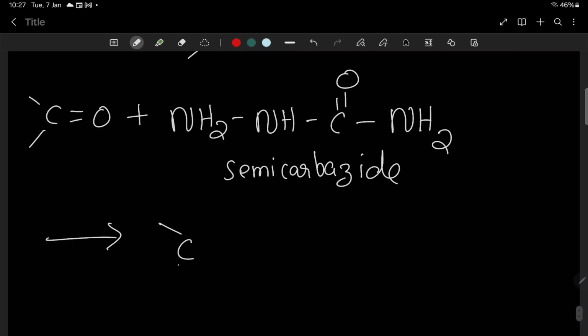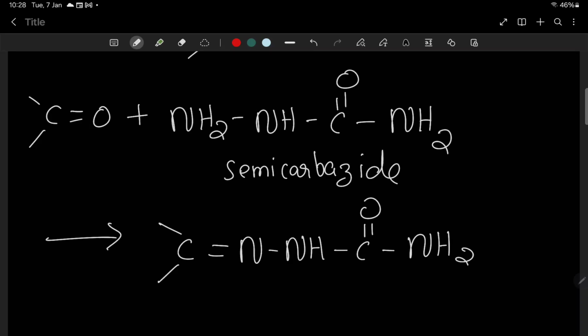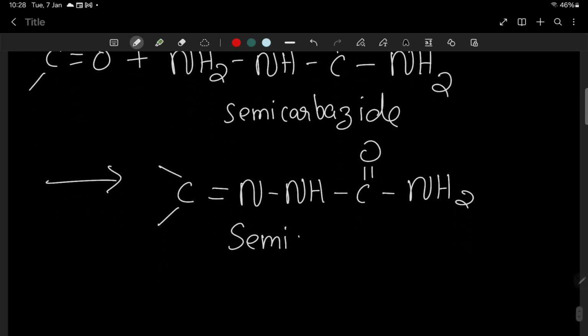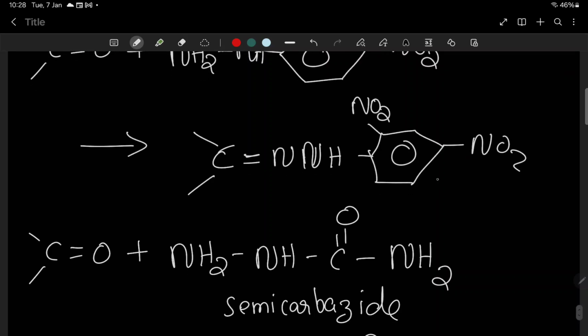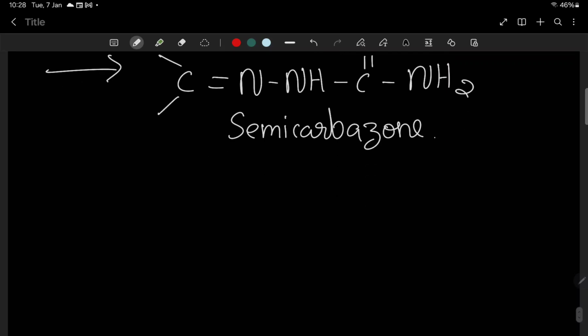Now after the reaction we get NH C double bond O NH2. This compound is called semicarbazone. And this 2,4 dinitrophenylhydrazone, the color of this compound is orange red. This is very important. This can be asked in the exam because practical chemistry is a part of the portion. So these are the important addition reactions, nucleophilic addition reactions.